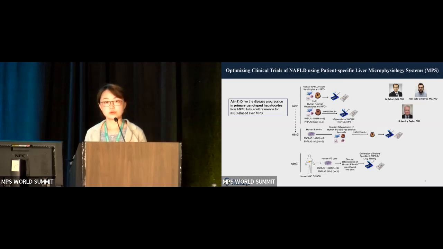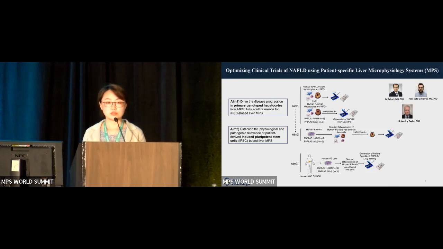So in our first aim, we will construct the liver MPS system using primary liver cells with or without this PNPLA3 mutant. We will drive the disease progression in our model. And the data gained from here will serve as the fully adult reference for the later iPSC-based liver MPS. And we will build our model using patient-derived iPSC cells, and we will compare the results to the first aim, the primary-based liver MPS.